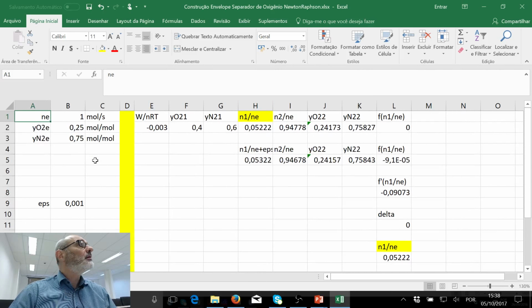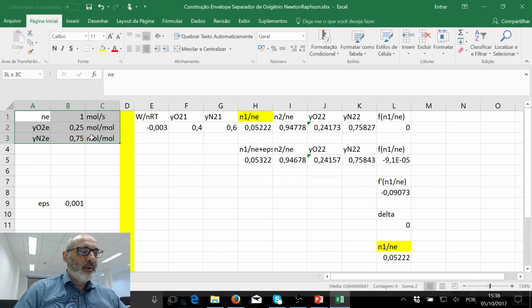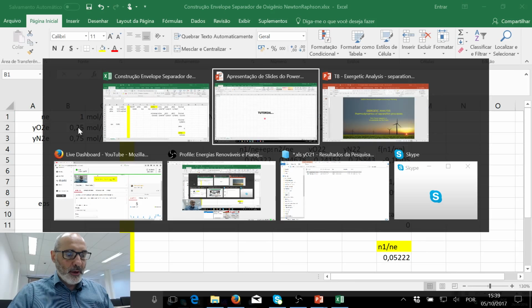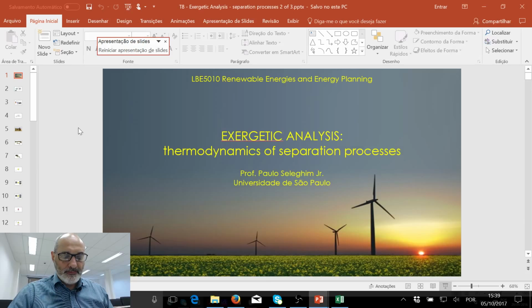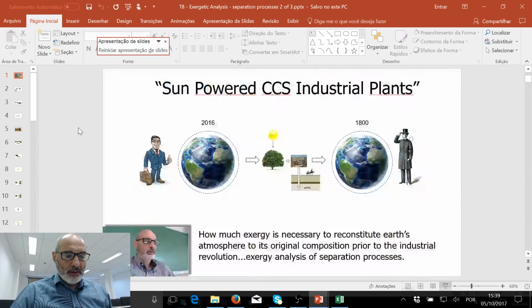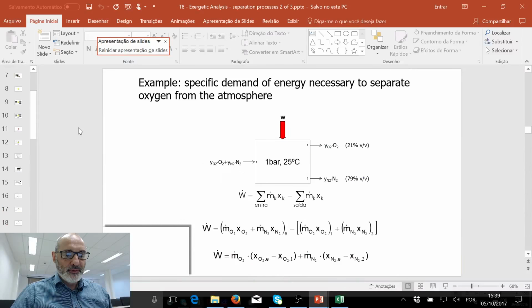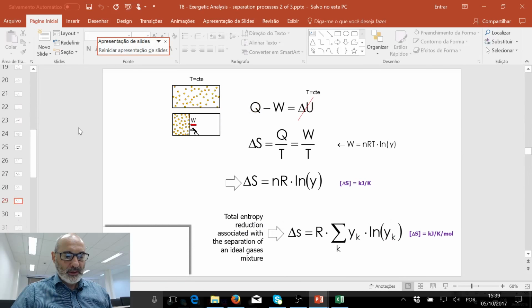Do you manage to see the equations here? Okay. So I'm working with Excel. This is our input parameters. Let me get a picture for you guys.